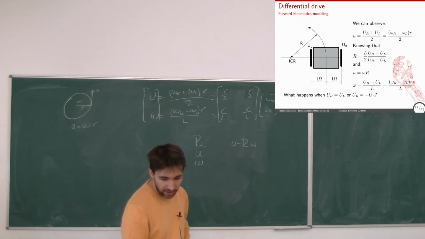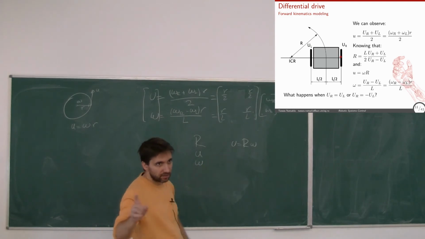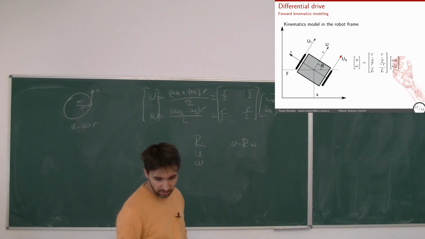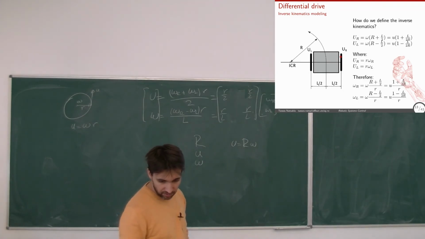Because this radius will affect this linear velocity that I get here at the wheel. The bigger the radius, the bigger the velocity will be for the same angular velocity of the wheel. So here I have both small r and big R.